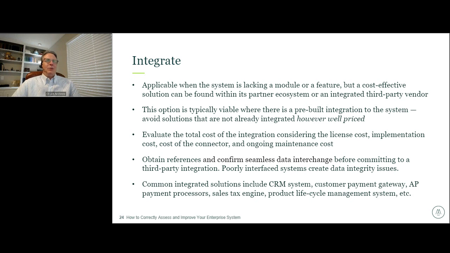So basically what we look at here is there are a couple of options. In some cases there are pre-built integrations between systems, where an API automation system may have multiple built integrations for a number of ERP systems.